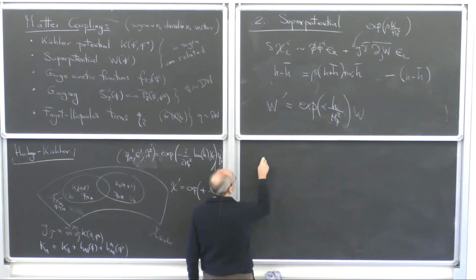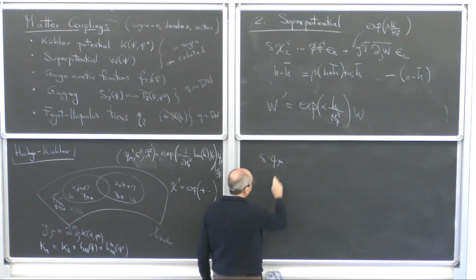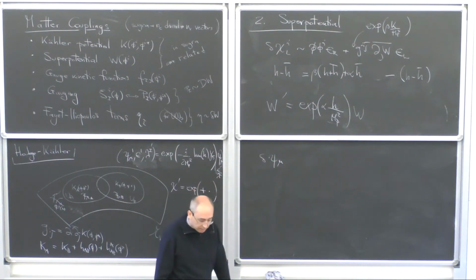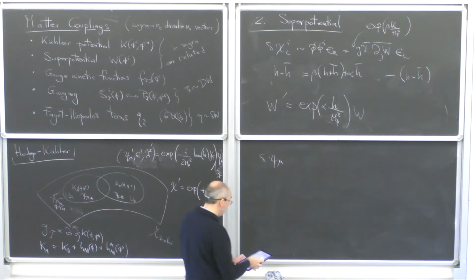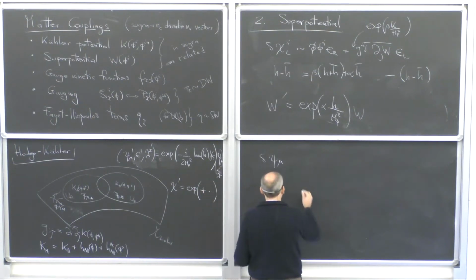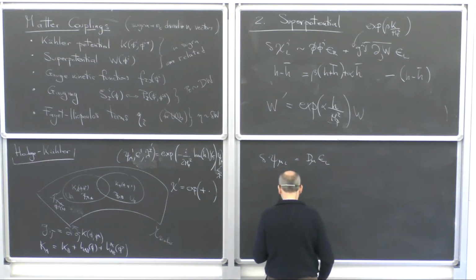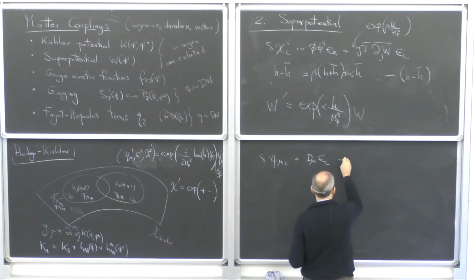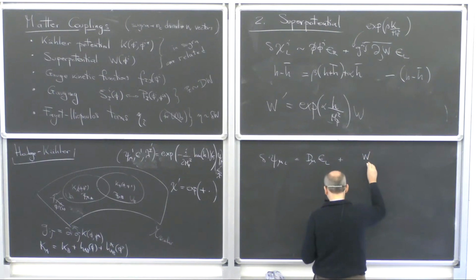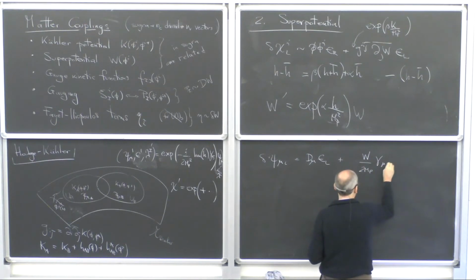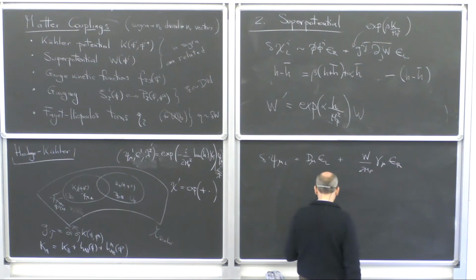If you look at the transformation rule of the gravitino, you have the standard piece. So let's say the left contains this part, which we know is covariant. Then there is a piece that comes with the superpotential times a gamma matrix and epsilon.